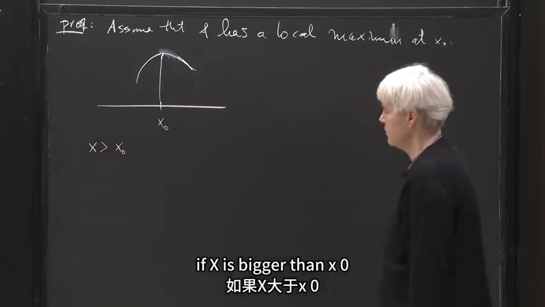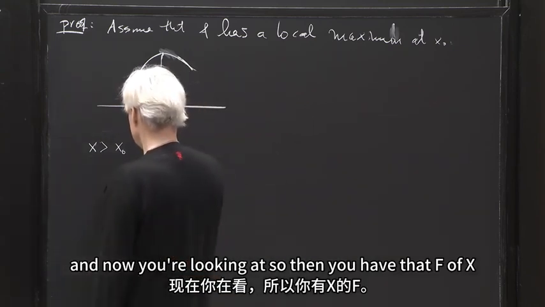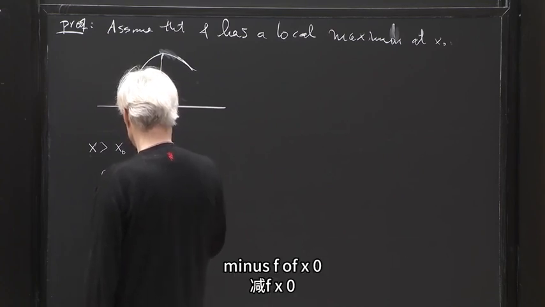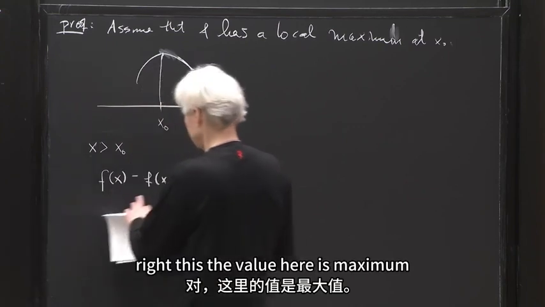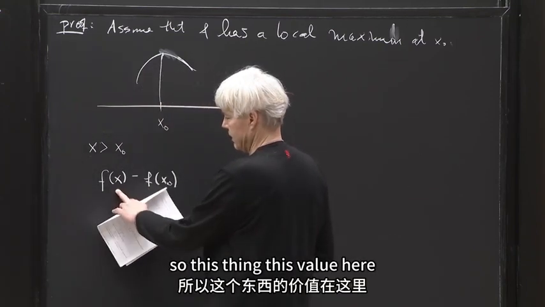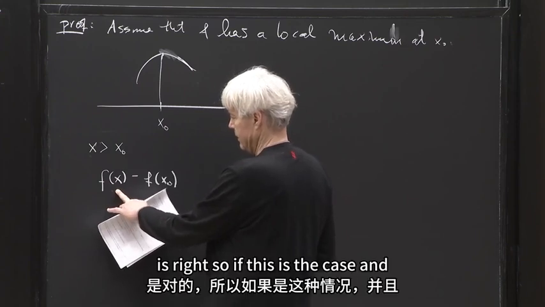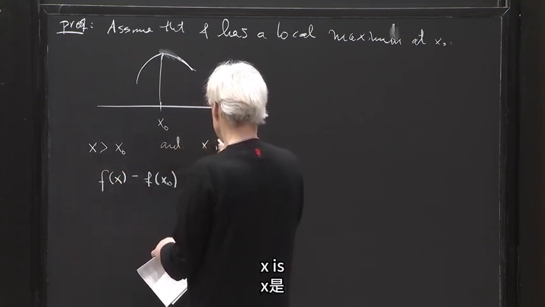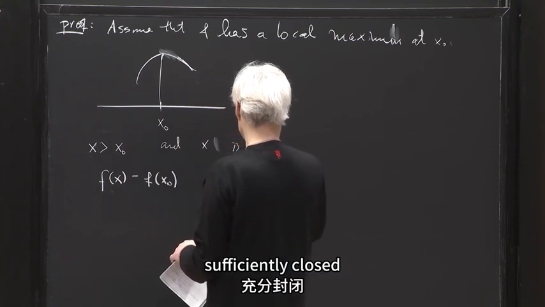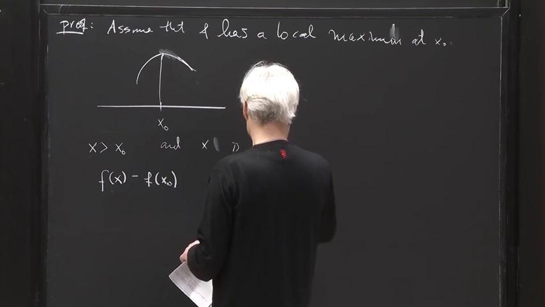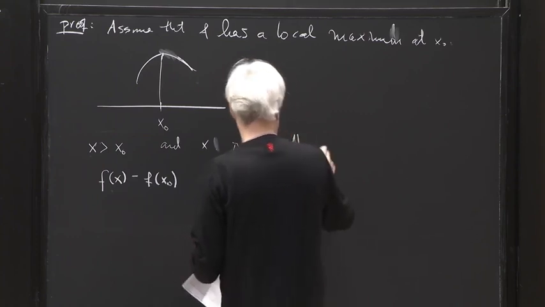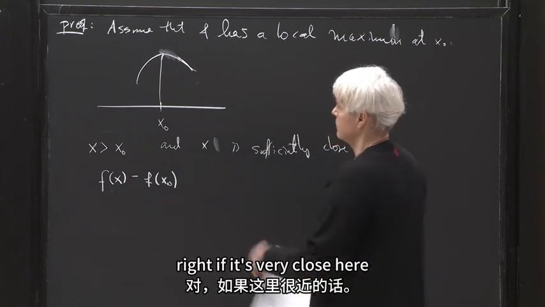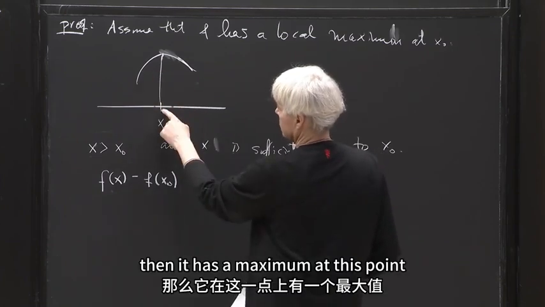If x is bigger than x0, then you have that f of x minus f of x0, the value here is maximum, so if x is sufficiently close to x0, then it has a maximum at this point.